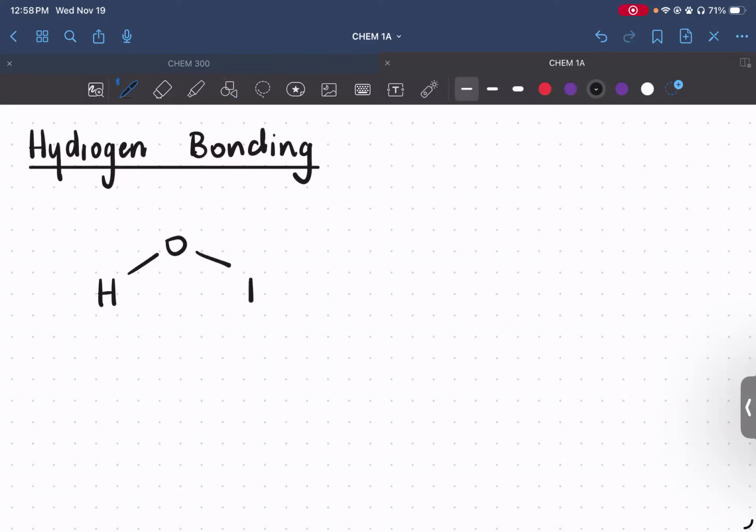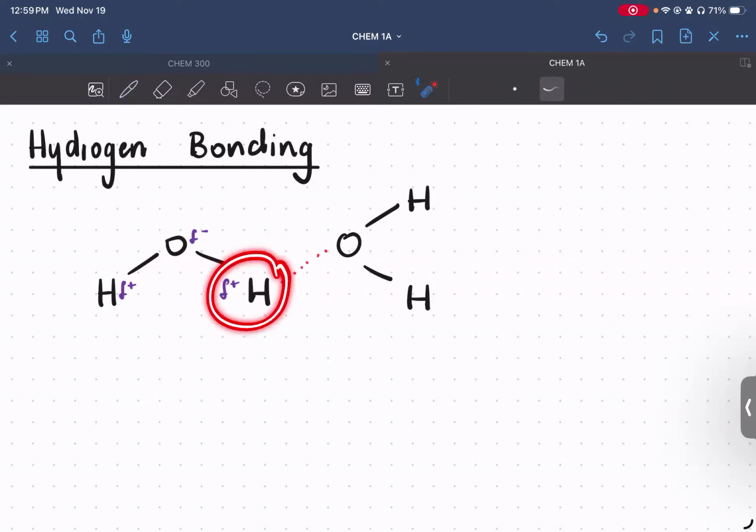If we have a water molecule as such, we know, of course, that the hydrogens are slightly positive and the oxygen is slightly negative. What will then happen is that these molecules will then be attracted to another water molecule, where the slightly positive hydrogen gets attracted to the slightly negative oxygen.